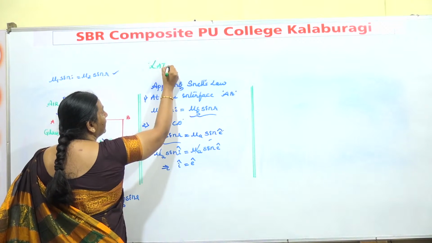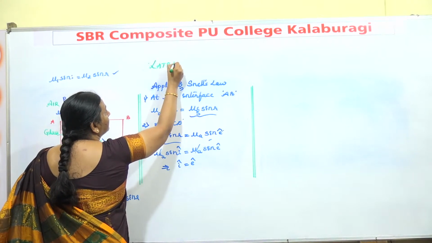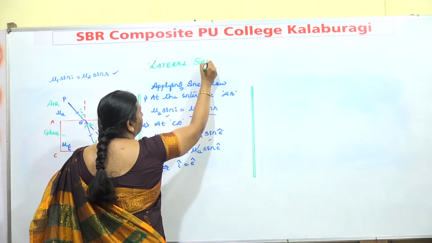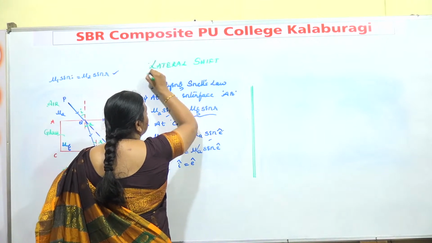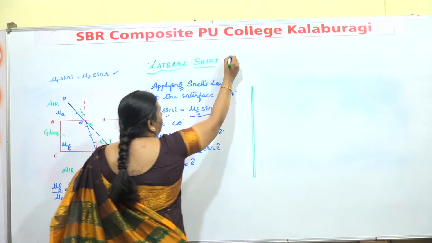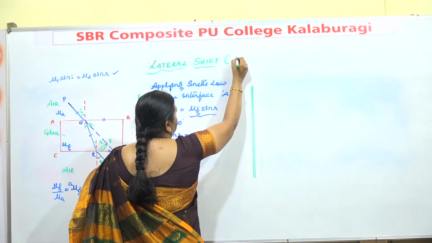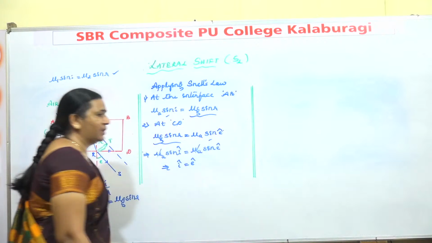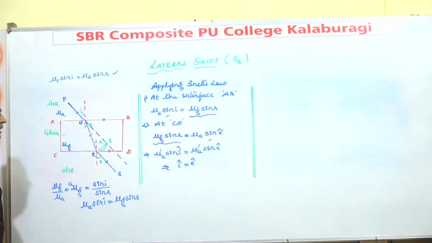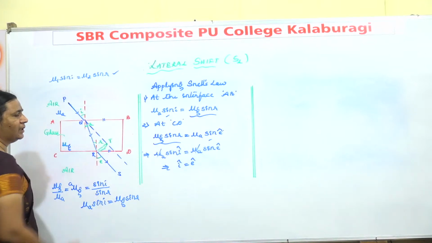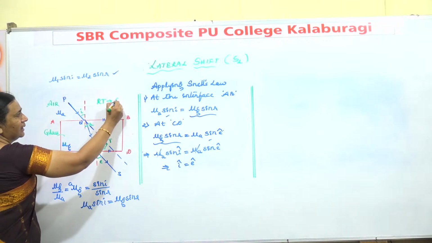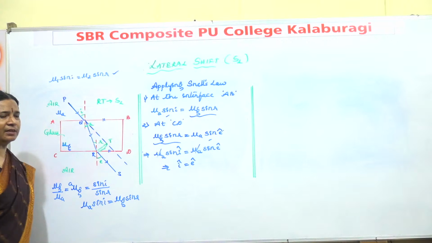So we are working on the lateral shift. Let us use the notation SL. So calculating SL, RT here is nothing but our shift. So let us calculate the shift.